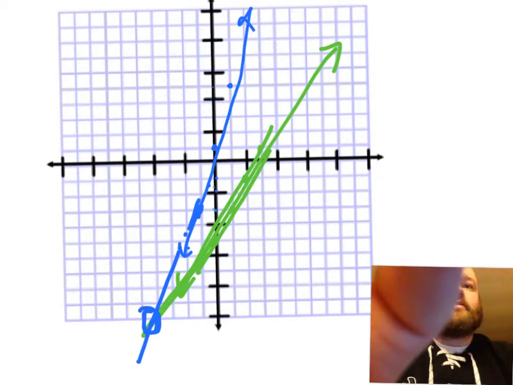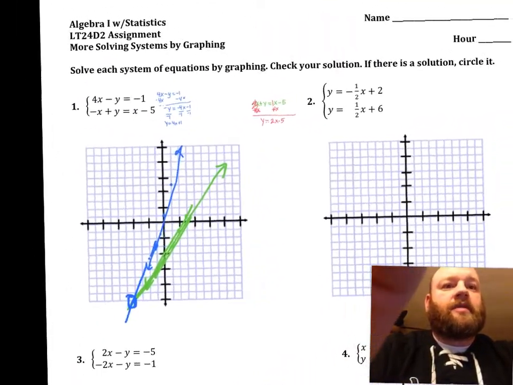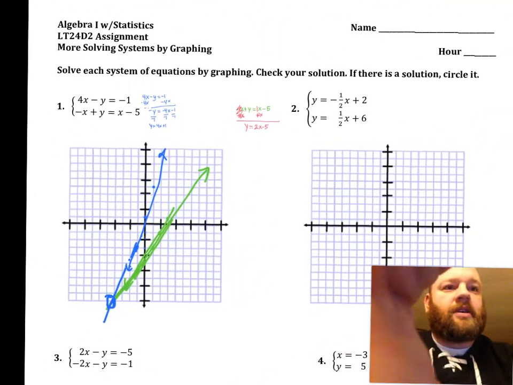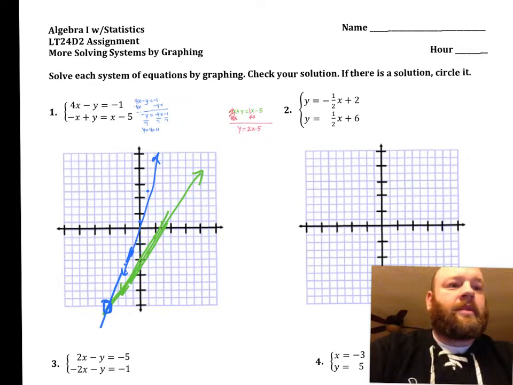The directions say solve each system of equations by graphing, which we did. If there is a solution, we're going to circle it. You're going to do your best; sometimes it doesn't work out very nicely, sometimes it will, sometimes it won't. That's just the way it is. For today's assignment, I just want you circling where the point of intersection is.